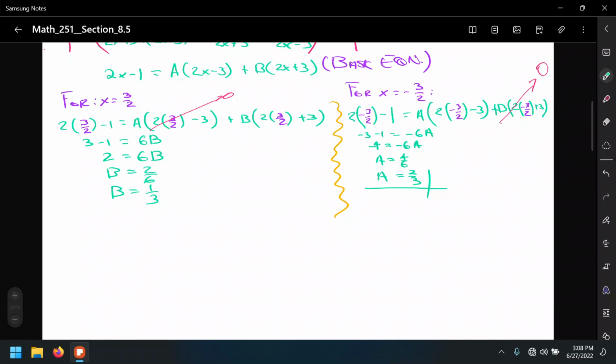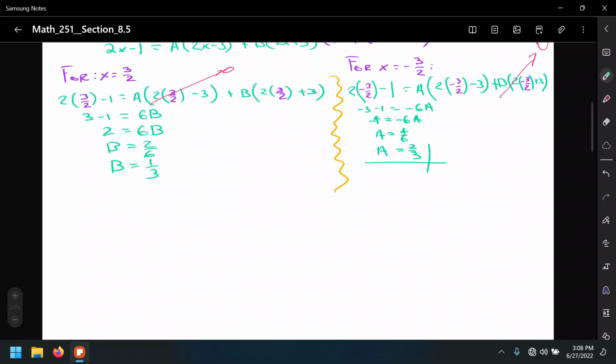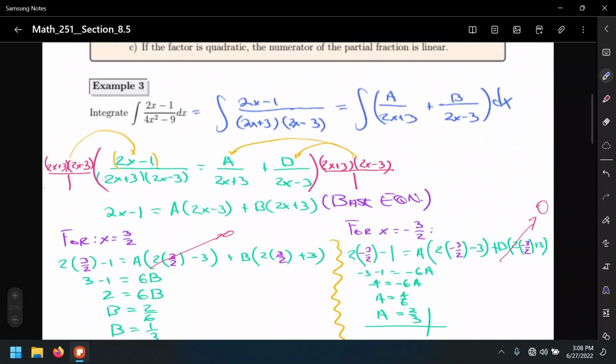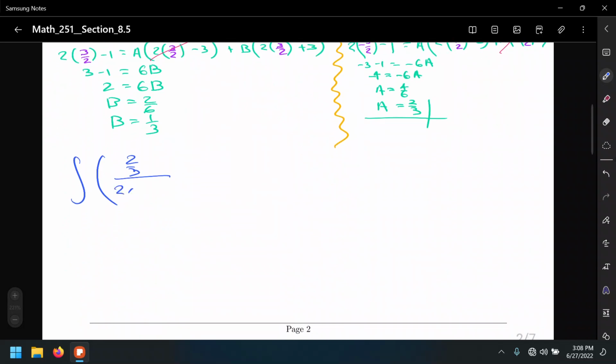So we may go back to the original problem, which is the integral problem. So that's the integral of a, which is 2/3 over 2x plus 3, plus b, which is 1/3 over 2x minus 3.